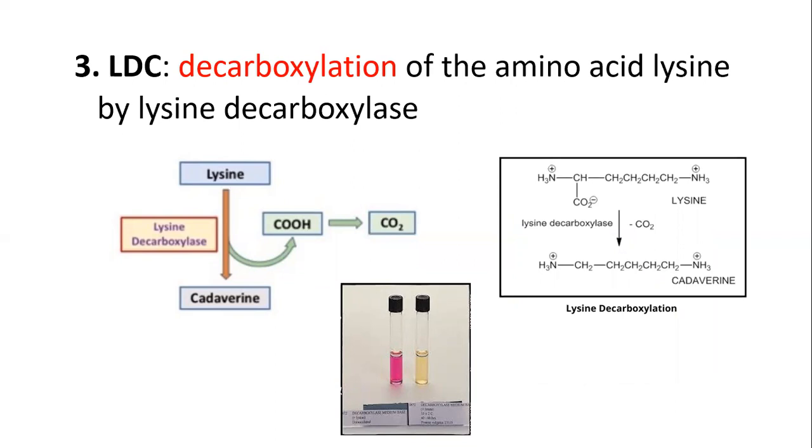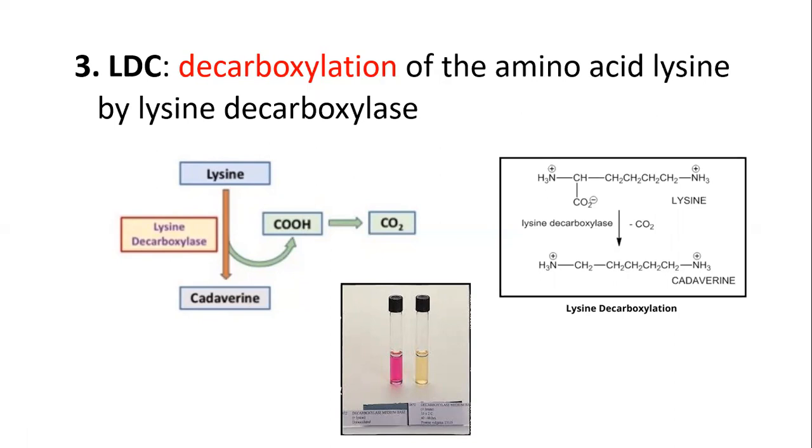It is the same case with lysine decarboxylase in the decarboxylase test. It is the decarboxylation of the amino acid lysine. Lysine will be decarboxylated, COOH will be removed, and it will be converted into cadaverine, and cadaverine gives a pink color. Keep this point in your mind: first the bacteria will ferment the glucose.